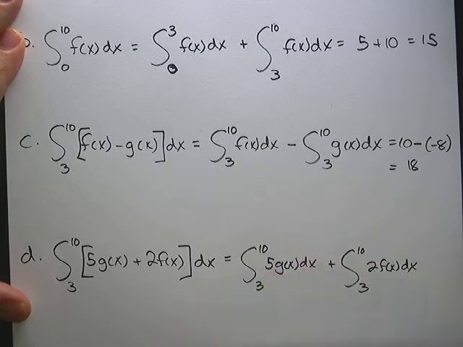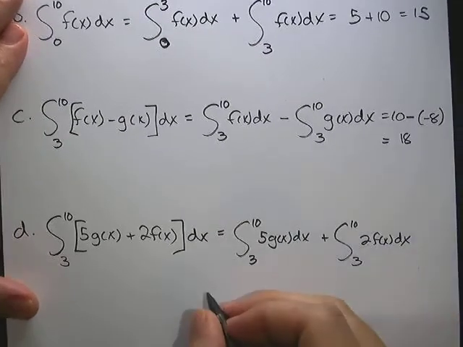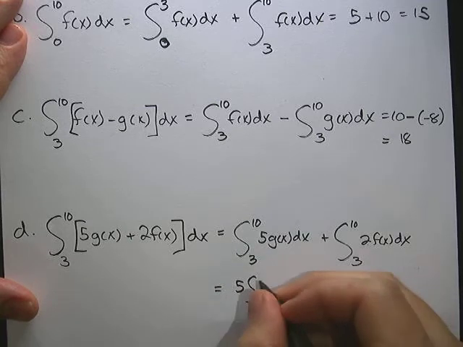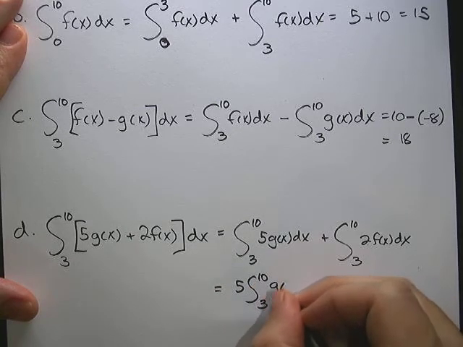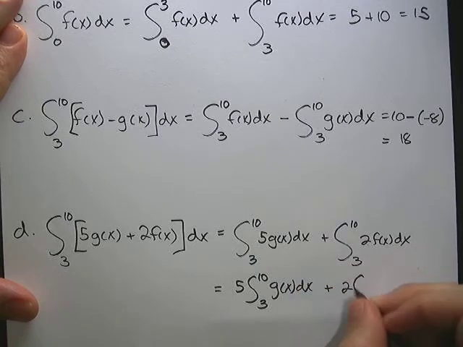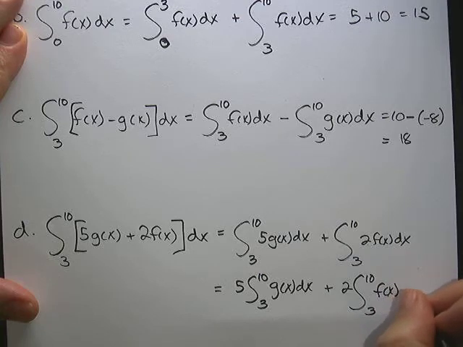And now the constants that are there can be put out front. So we have 5 times the integral from 3 to 10 of g of x dx plus 2 times the integral from 3 to 10 of f of x dx.